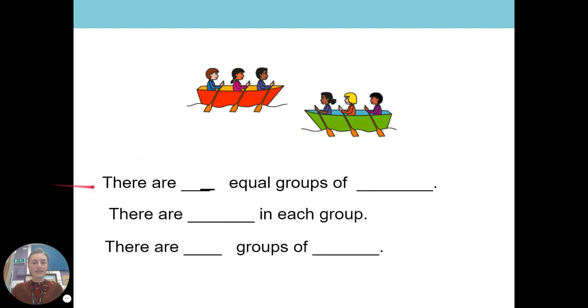Let's try and fill our sentence in. There are, shout it out at me, how many equal groups did we say? There are 2 equal groups of children. How many are in each group? How many children are in one boat? There are 3 in each group, which means there are 2 groups of 3. So it doesn't matter that it's not just a circle with dots in, they're still equal groups, just like we've been doing all week.